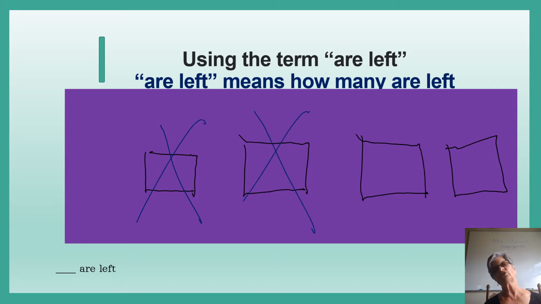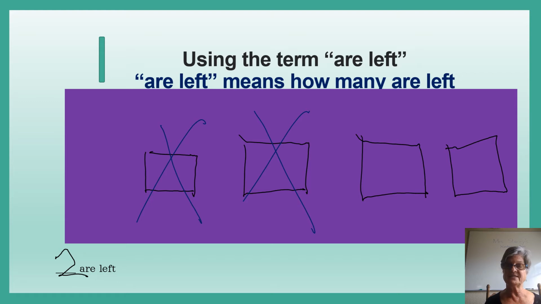Now I'm going to count how many blocks do not have an X on them. Those are the blocks that are left. Let's count them. 1, 2. So I have 2 blocks that are left. Now if you look at the bottom left-hand corner of this page, you'll see a blank are left. And I'm going to write the number 2 because 2 are left.